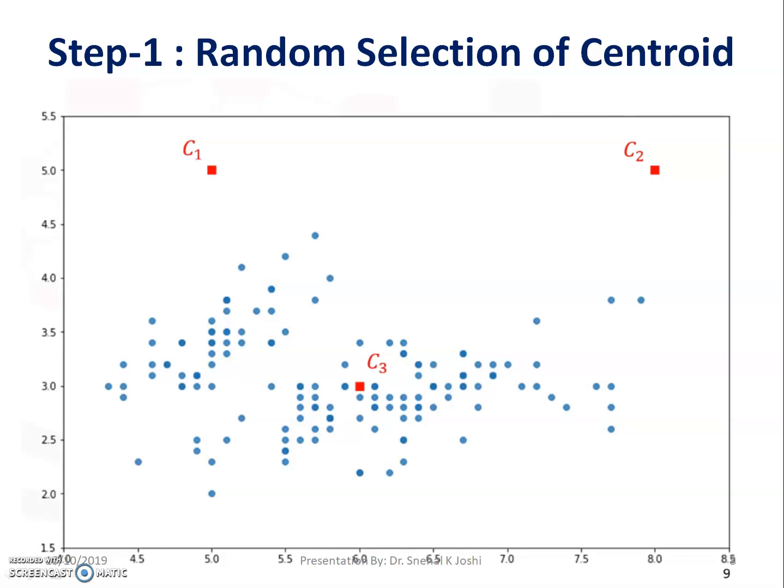Now the question is how to select the centroids. Well, there are 2 ways to determine these centroids. First is selecting any 3 data points from the data set as centroids, and the second approach is creating any 3 random points as centroids. Here we have created 3 random centroids.